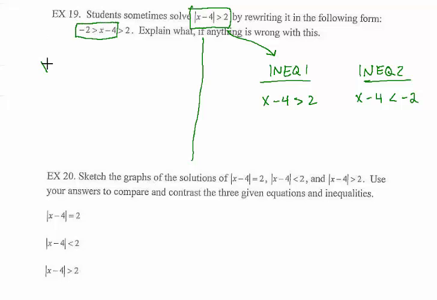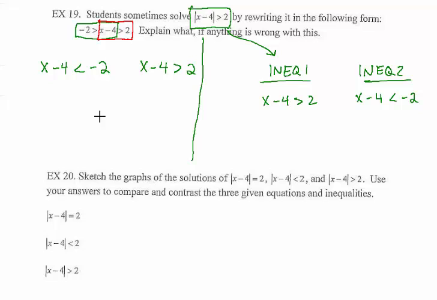One of them is x minus 4 less than negative 2, and then the other one, we take x minus 4 greater than 2. So if you break them up this way, you get the same inequalities.